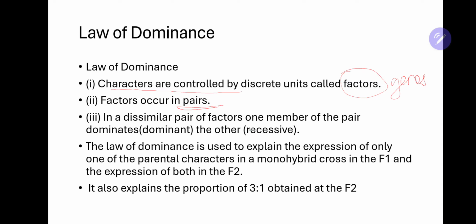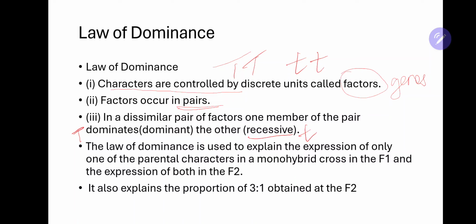In a dissimilar pair of factors, one member of the pair dominates and the other will be recessive. As you know, in the monohybrid cross, there was the tall plant and the short or dwarf plant. So which one was dominant? The tall was dominant, isn't it? So one was dominant, the tall, and the other was recessive.